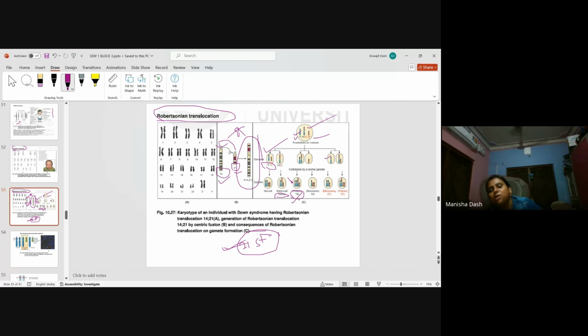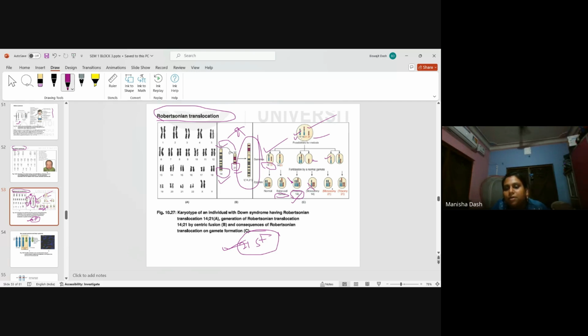But this may not be that harmful, and somehow the gamete might survive. And here, whatever gamete fuses with this one, there will be a complete loss of the 14 chromosome. So this is monosomy 14. This monosomy 14 will also disintegrate or die.